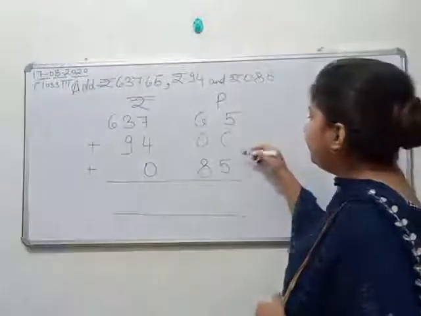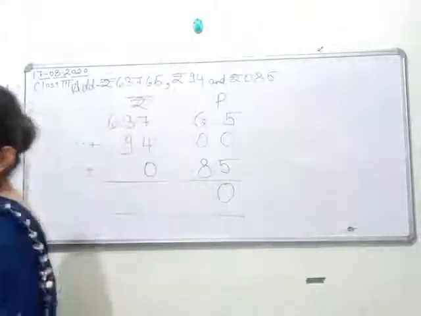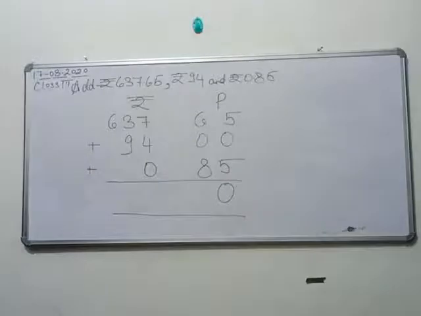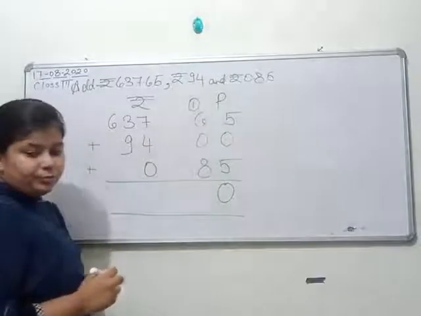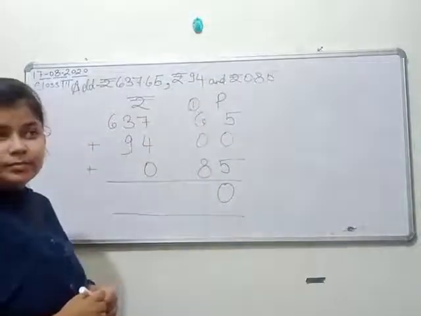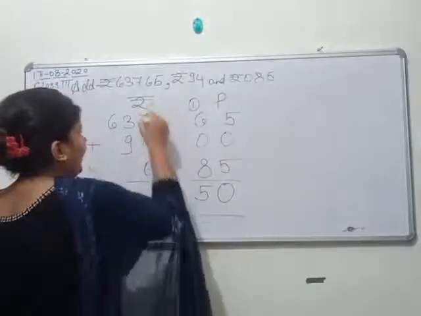Now 5 plus 5 we get 10. Next 5 plus 5 is 10 and carry 1. Now 6 plus 8 is 14, 14 plus 1 is 15, carry 1.